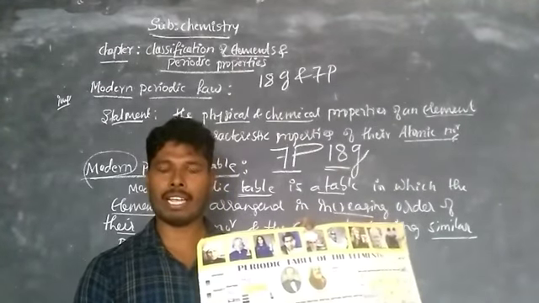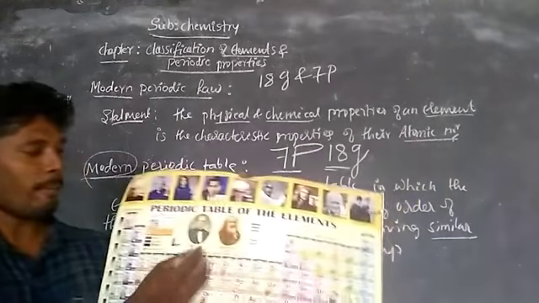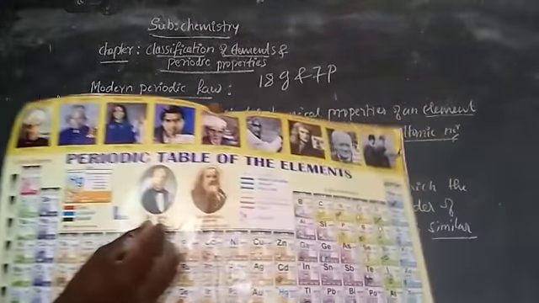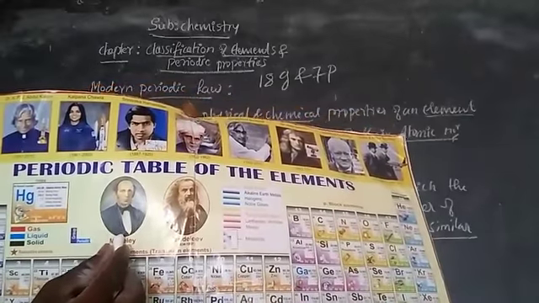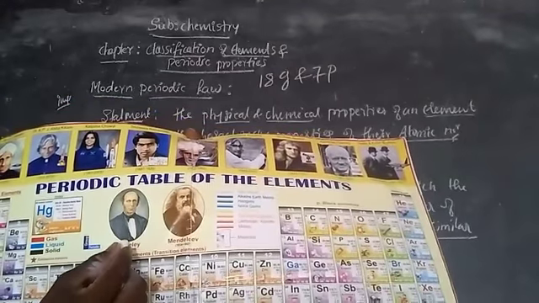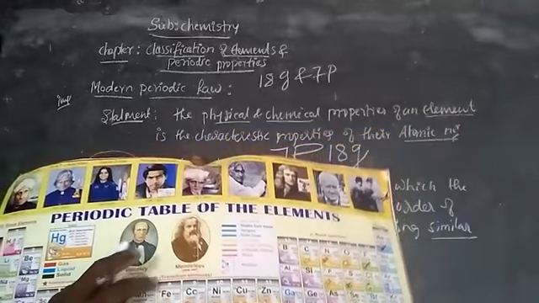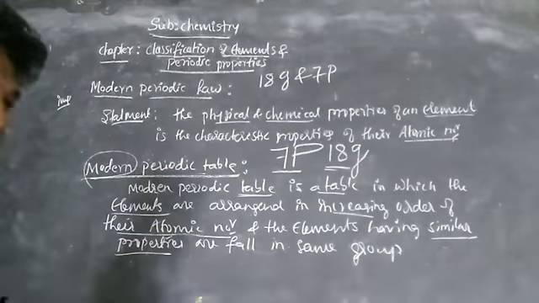And finally Henry Moseley gave this chart. So see here, Moseley's name is there. He is the scientist Moseley. He gave the modern periodic table with the help of Mendeleev. Okay, so this is the modern periodic table.